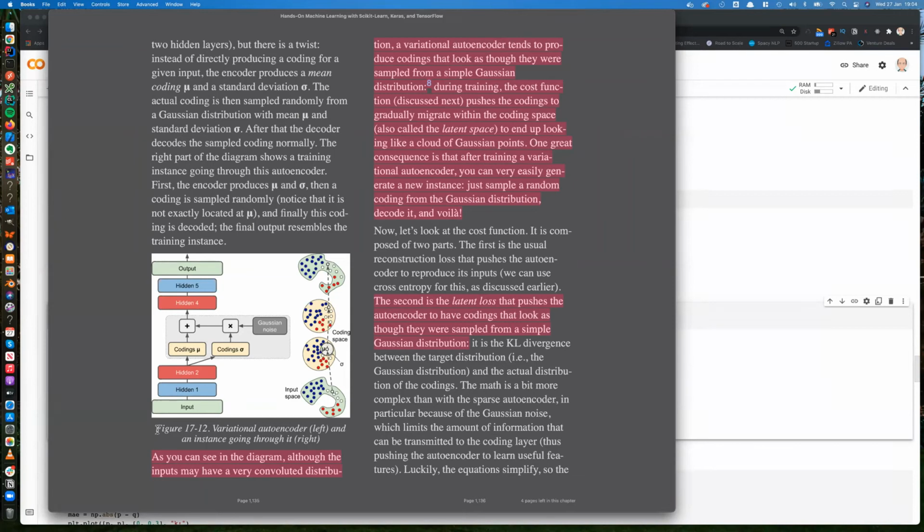And what the picture on the right shows, I think, is that the encoding ends up being close to a normal distribution.